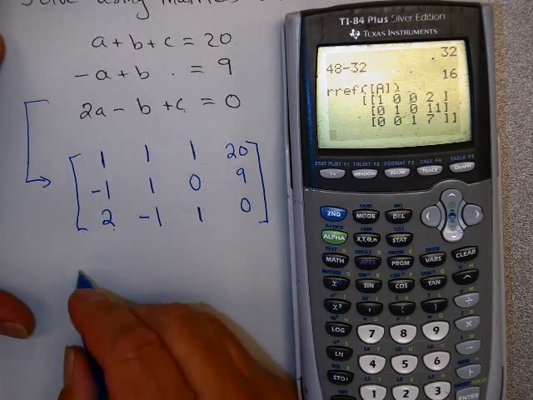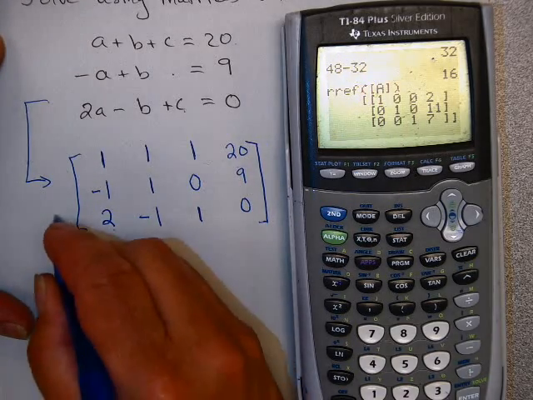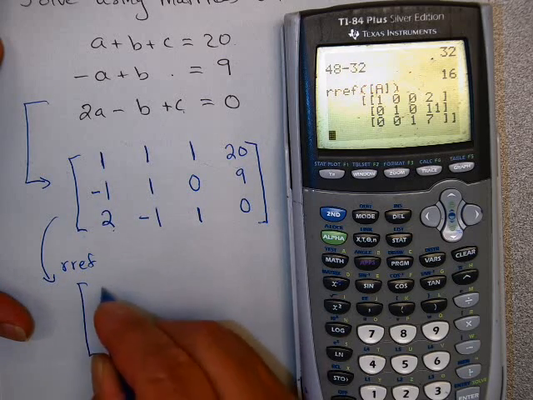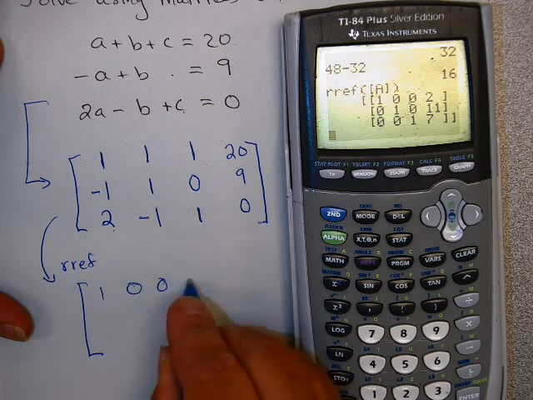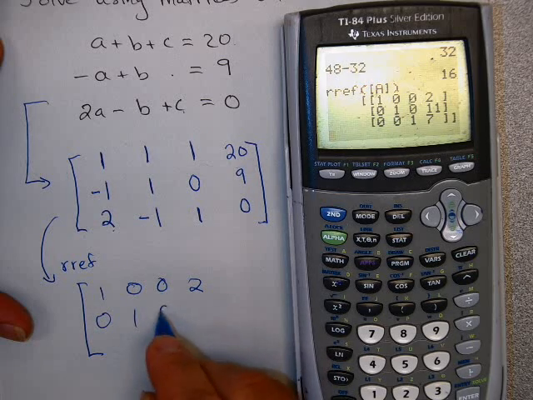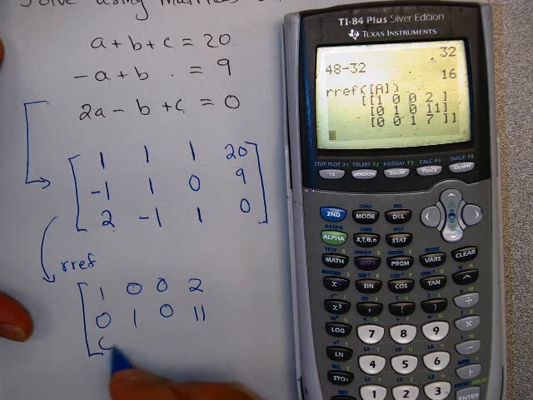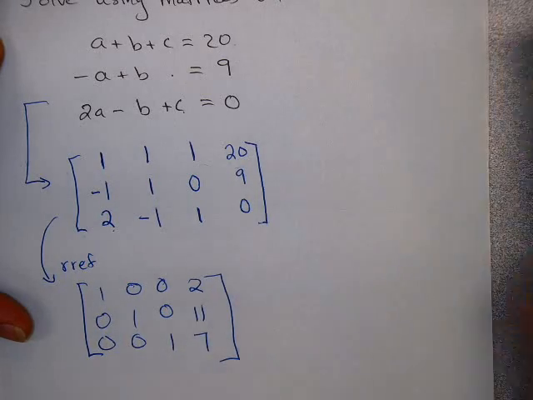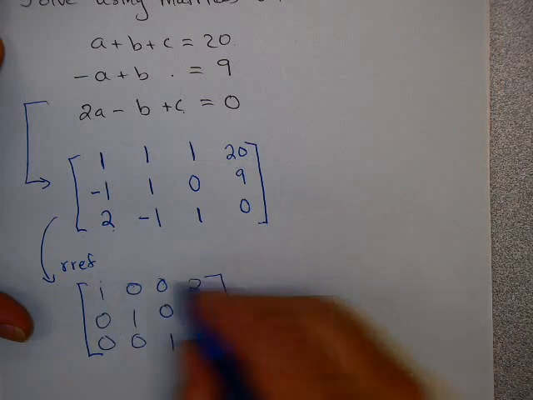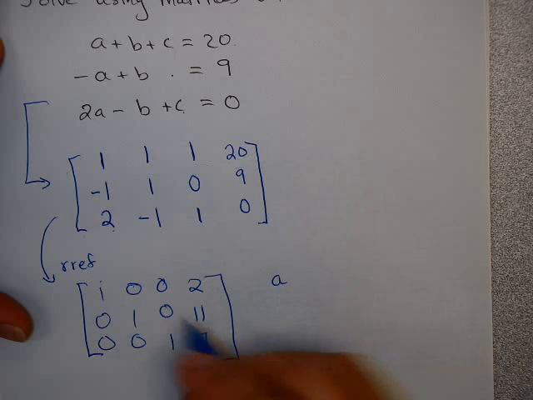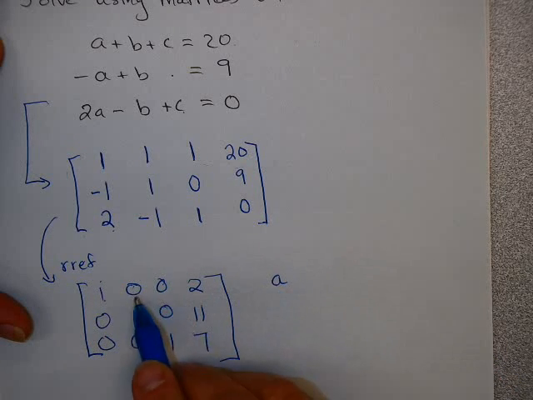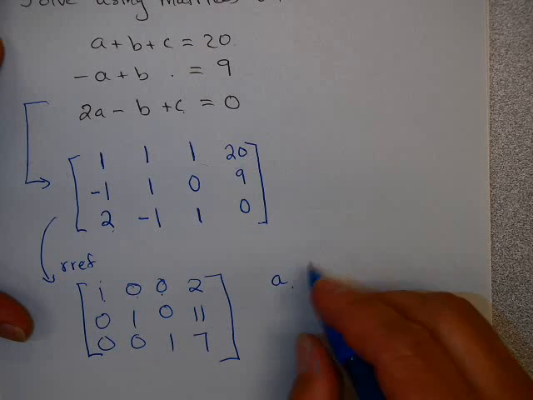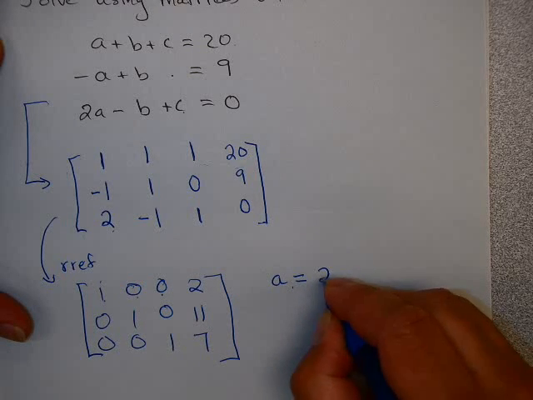Here is your answer. This is what you get after you get RREF. Now, that's 1, 0, 0, 2, 0, 1, 0, 11, and 0, 0, 1, 7. Now, what does this mean? Well, the first column, you might remember, represents A. So this is 1 times A plus 0 times B, not going to write that down, plus 0 times C, not going to write that down, equals 2.